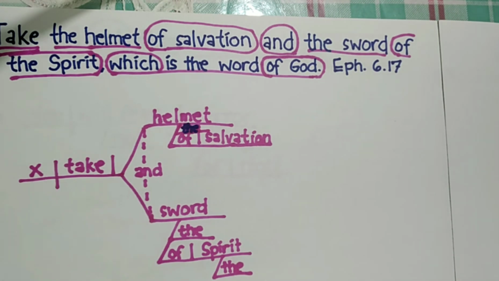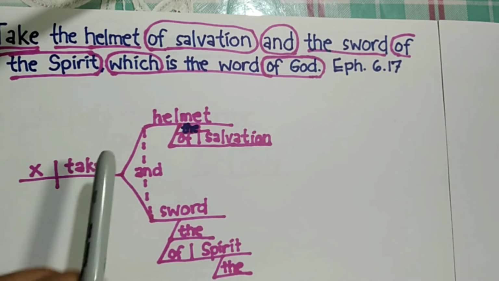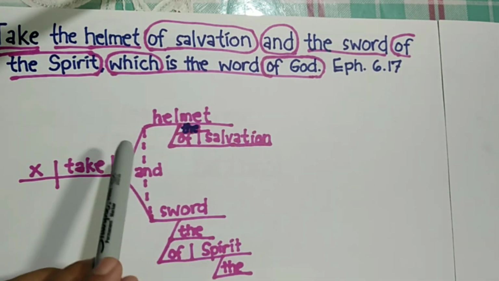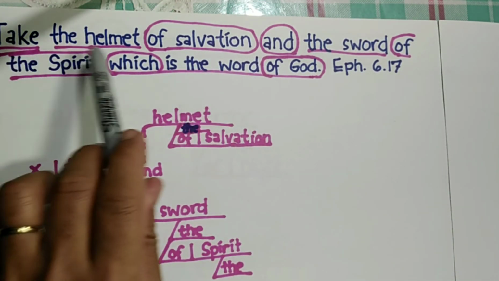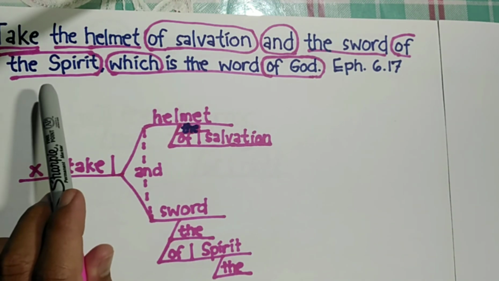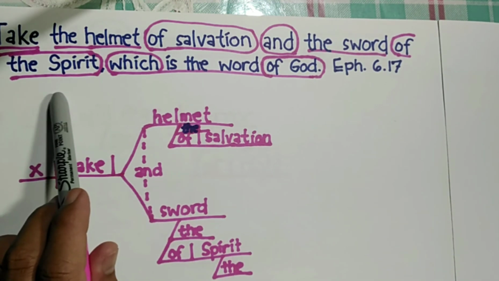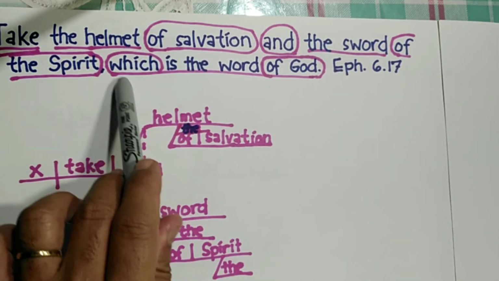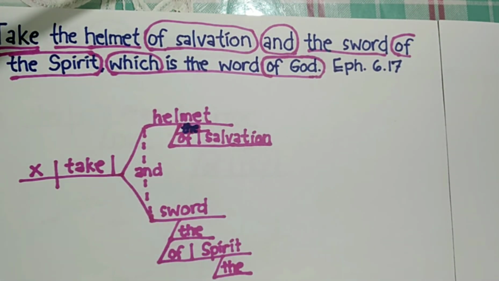And how do we diagram a relative clause? This relative clause is a dependent clause because without take the helmet of salvation and the sword of the Spirit, this cannot be understood properly, which is the word of God. How to diagram it?